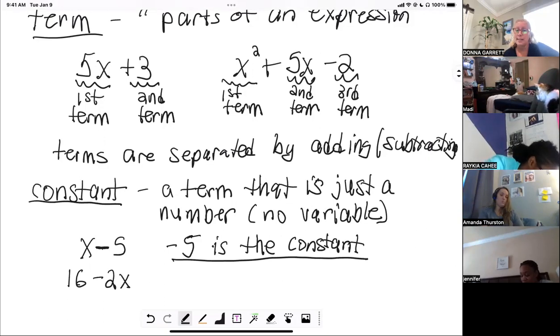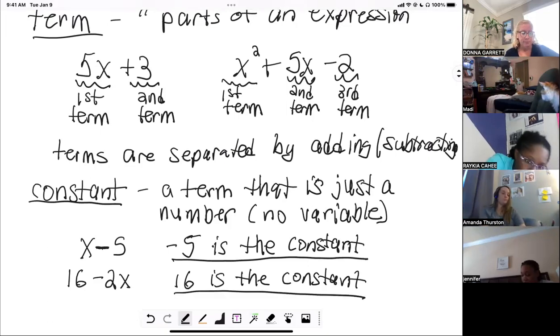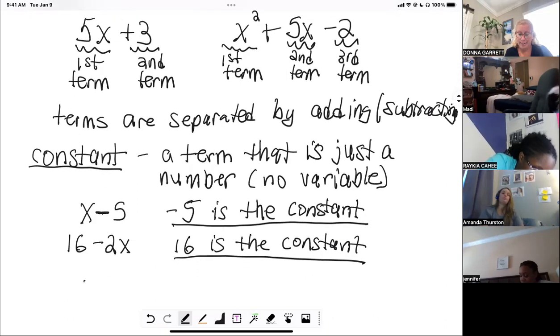Notice the 2 has an x, that is not your constant. The constant is 16. It's just a number all by itself without any variable. If I just have -8, well, that's my constant. -8 is the constant.